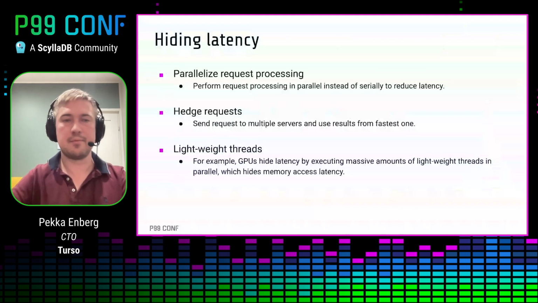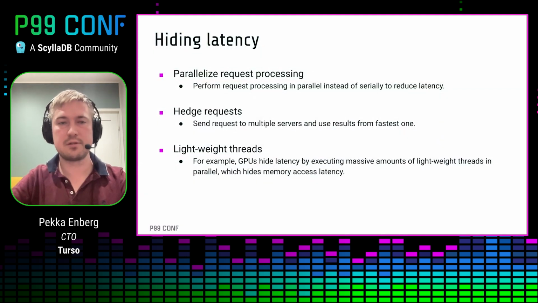The first trick you can always do is parallelize. In cases where it's just going to take time to process a request, for example, a good way to reduce latency is to parallelize it.